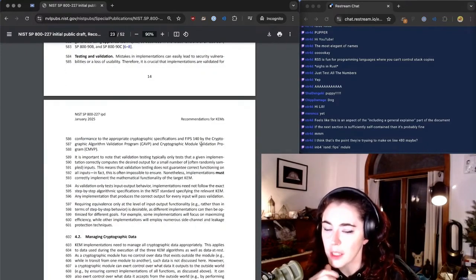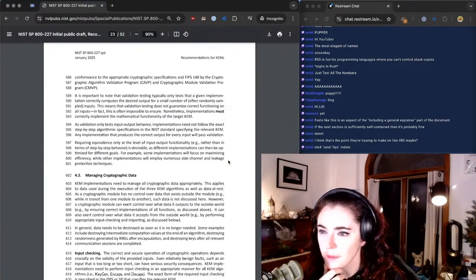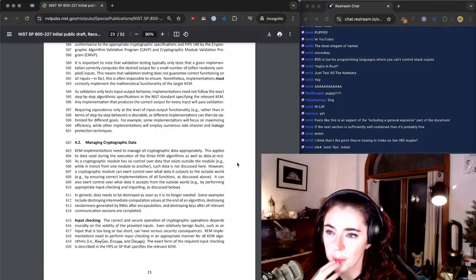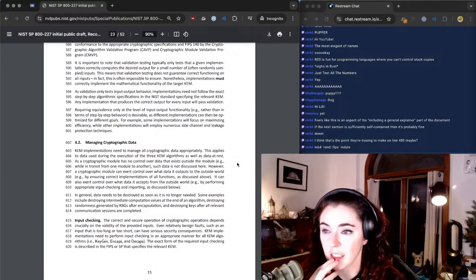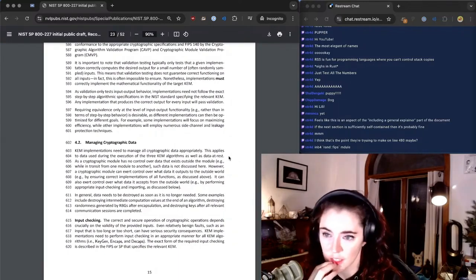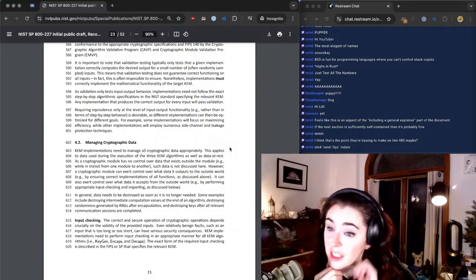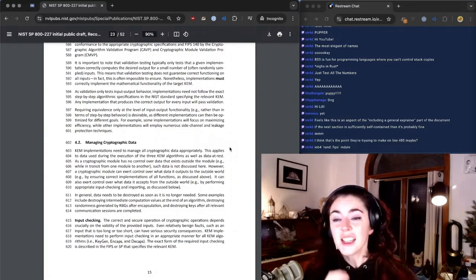Testing validation, yeah. NIST implementations must correctly, not IETF, must correctly implement the mathematical functionality targeted. Validation tests only test input-output behavior. Implementations need not follow the exact step-by-step algorithmic specifications in the standard for the relevant KEM, and an implementation that produces the correct output for every input will pass validation.